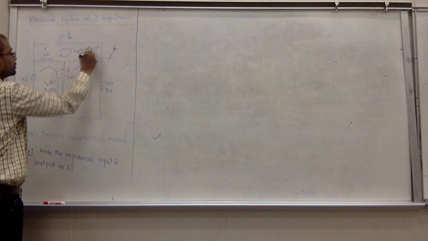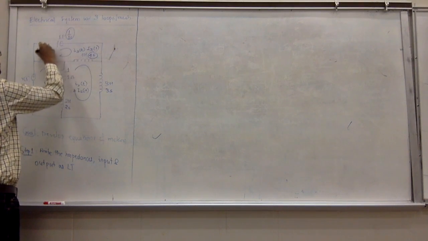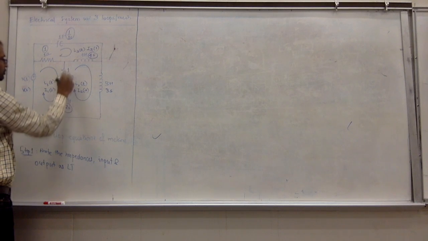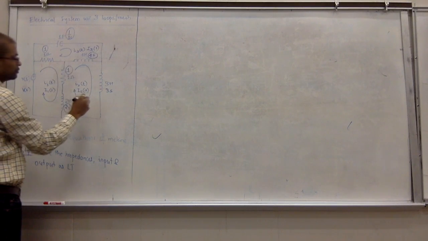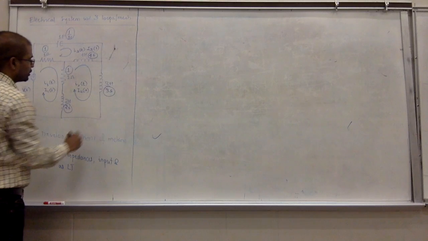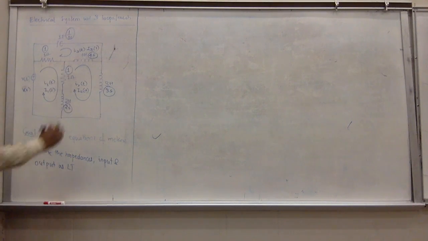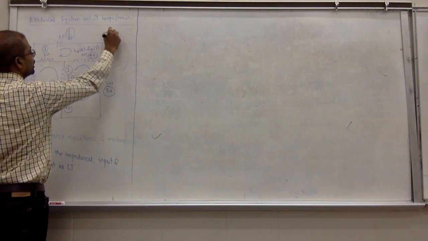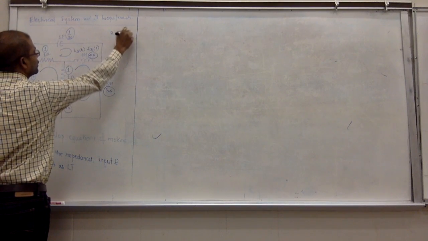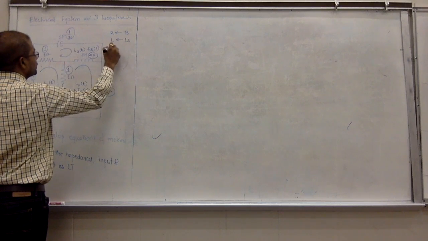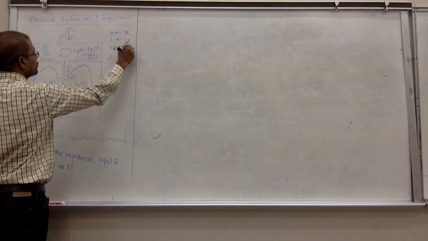I'll circle the impedances. For that 1, you just got 1 there. It's resistance. What is the impedance of resistance? So impedance of resistance, if R is R, L is Ls, C is 1 over Cs.